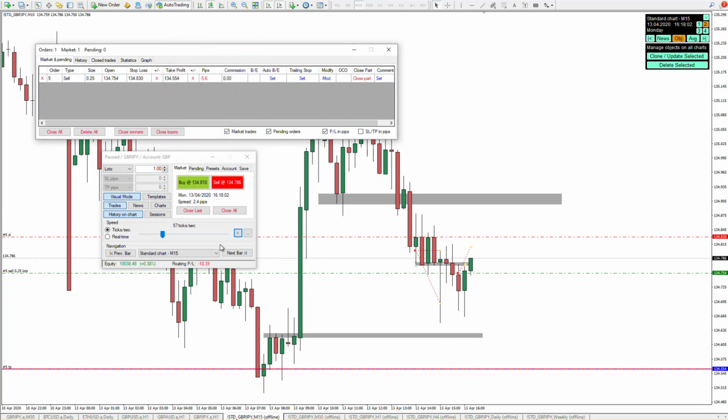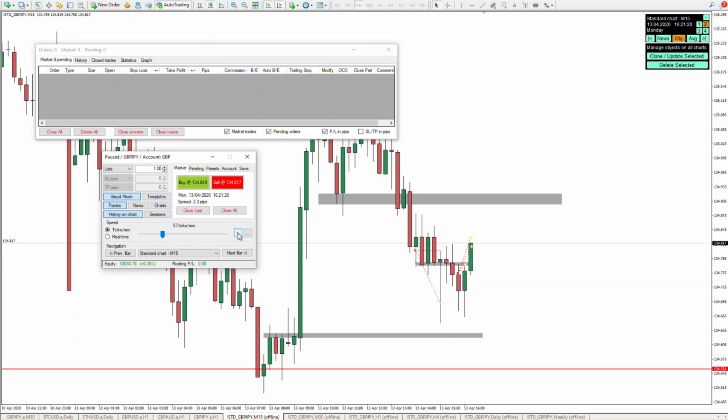What's that huge spread of 2.4 pips? Man. Okay, the spread is huge. Took me out. Okay.